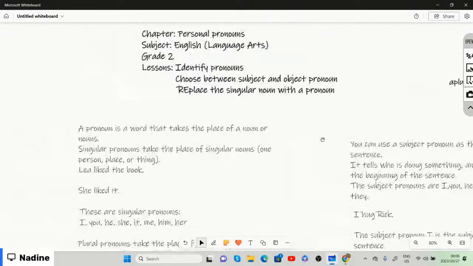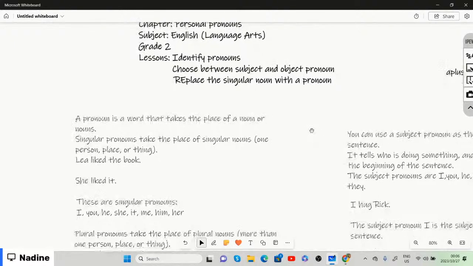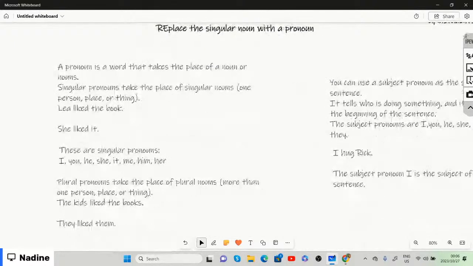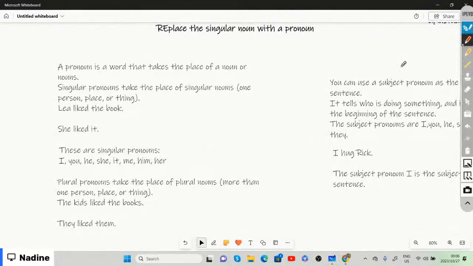All right, so we're going to the first lesson, which is to identify pronouns. When we identify a pronoun, we need to first know what a pronoun is. A pronoun is a word that takes the place of a noun.